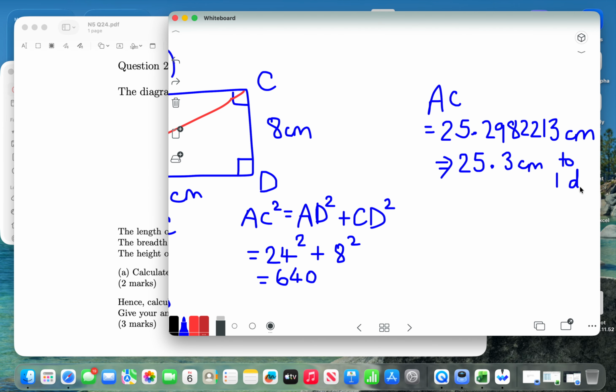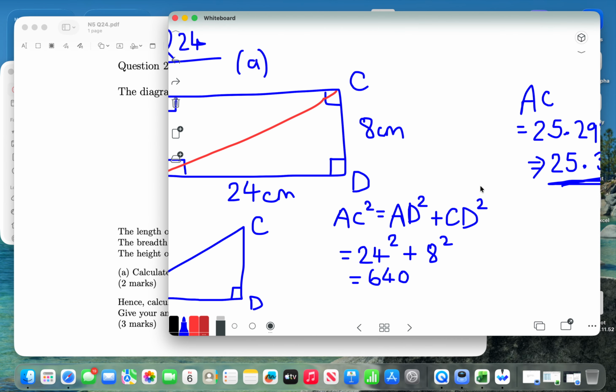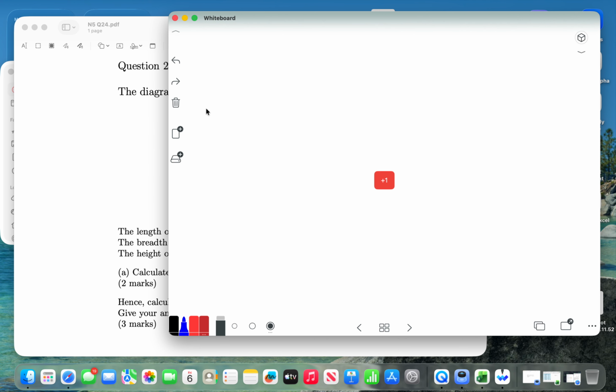So 1 decimal place, I'm going to put 25.3. So AC is 25.3. The next part is a bit more difficult.